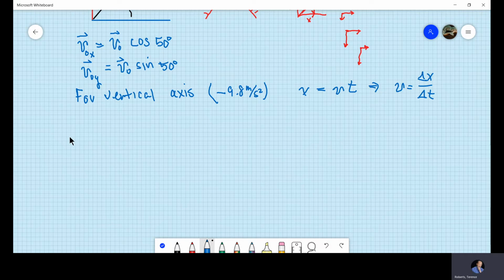So let's make some equations now for finding, say, let's look at the vertical, what's happening. Okay, so if you remember from early on, we had this equation.